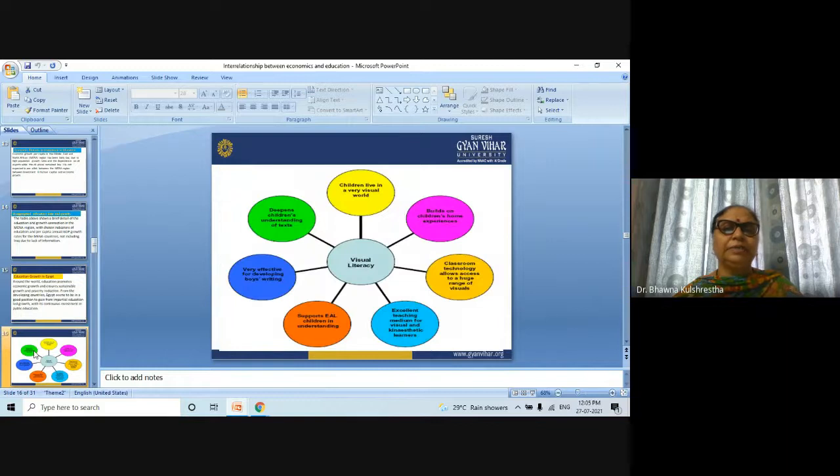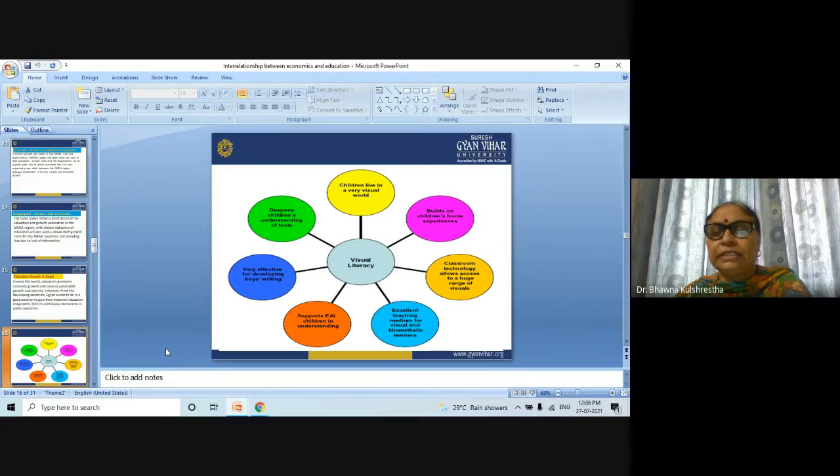And the next picture, visual literacy. In the visual literacies, children live in a very visual world, but builds on children's home experiences, and the classroom technology allows access to a huge range of visuals.